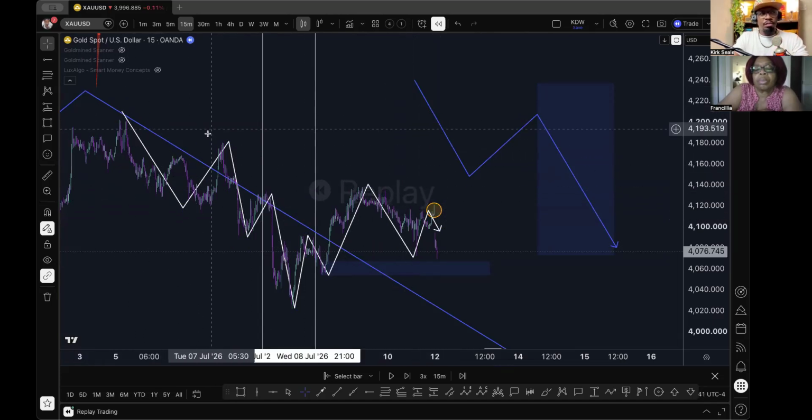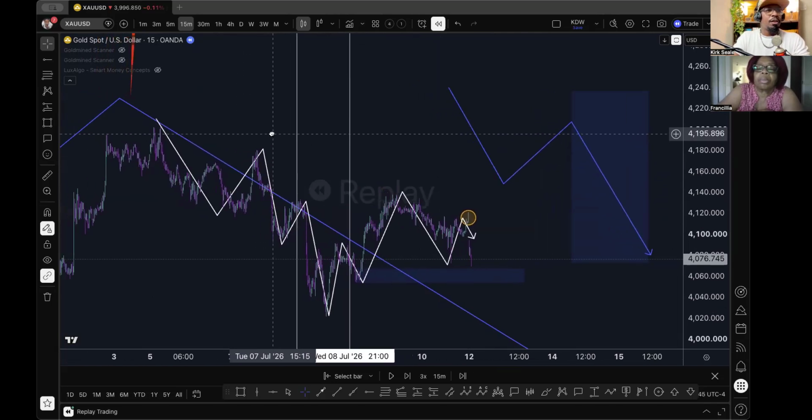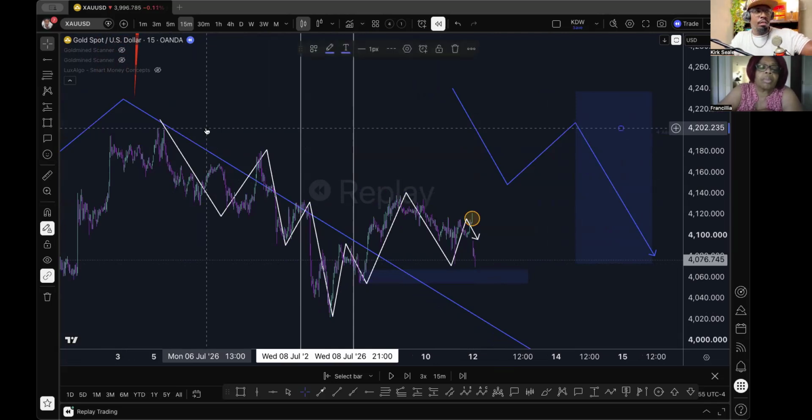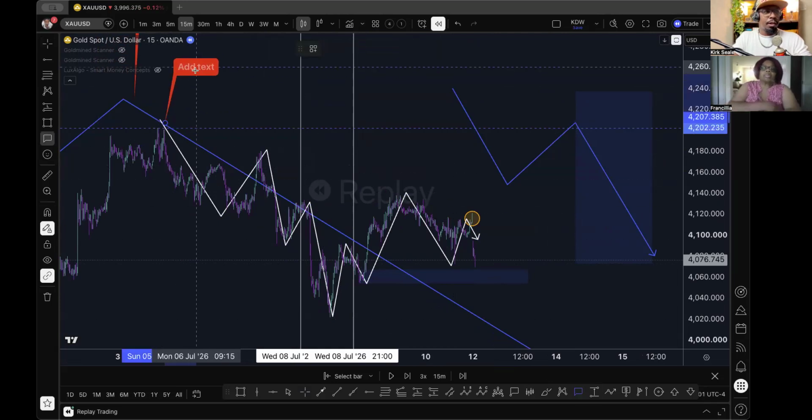You can see that this white line, it looks like there's a lot of zigzag stuff happening. So we're just gonna look at it big picture overall. Just for this area, I'm gonna put some horizontal lines on the screen. I'm just gonna put A, B, C, D for this part.